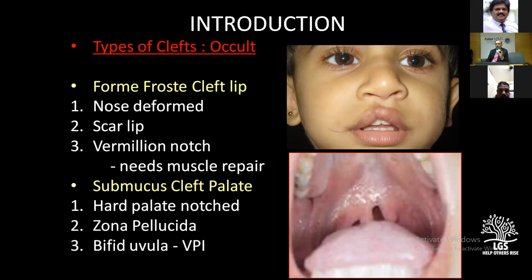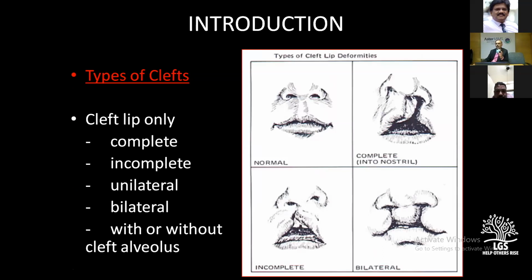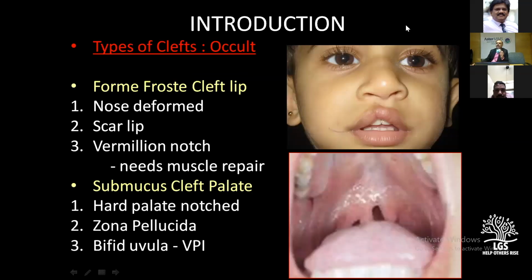As you all know, the complete expression is a total, complete cleft of the lip and the palate. These forme frustes are incomplete expressions where you sometimes get just a notching of the nose, a small scar here, or a notch on the vermilion. There will not be any gaps. But even that forms a cosmetic deformity, and sometimes they need to be repaired.